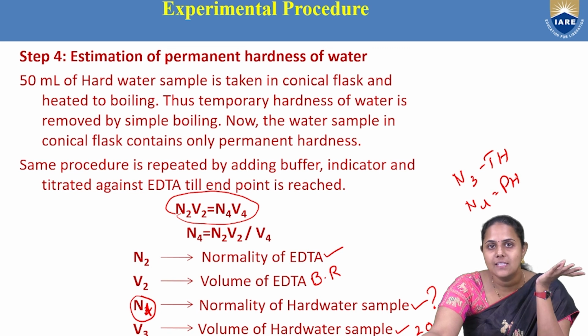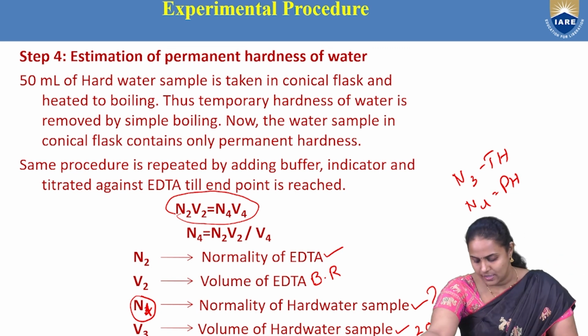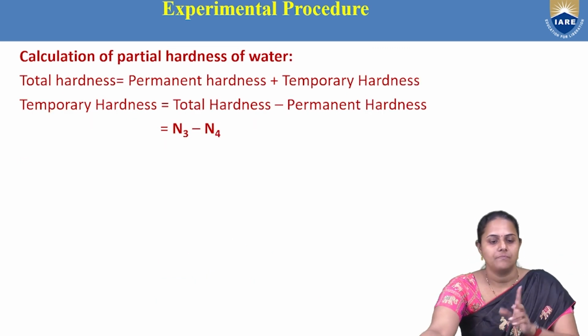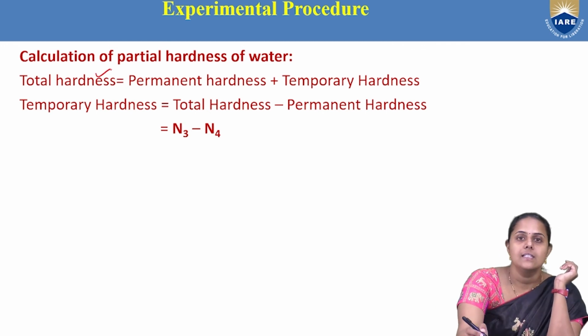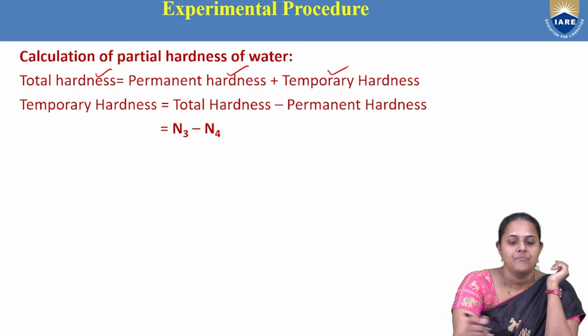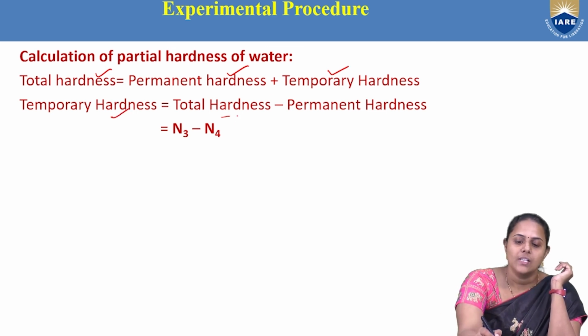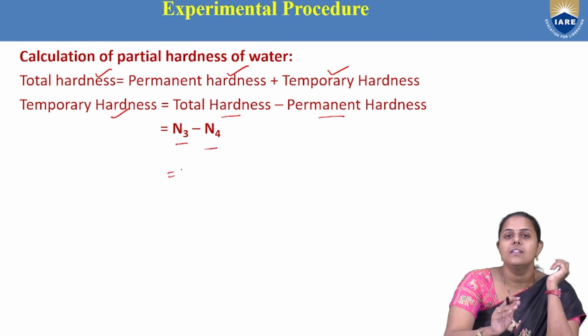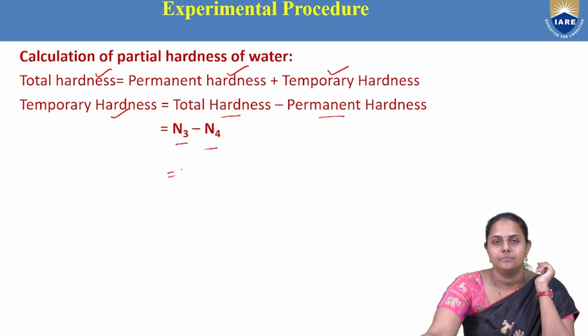So it is easy to calculate the temporary hardness, just a simple subtraction. Total hardness is the combination of permanent hardness and temporary hardness. So temporary hardness will be total hardness minus permanent hardness, that is N3 minus N4. Very easy to calculate.